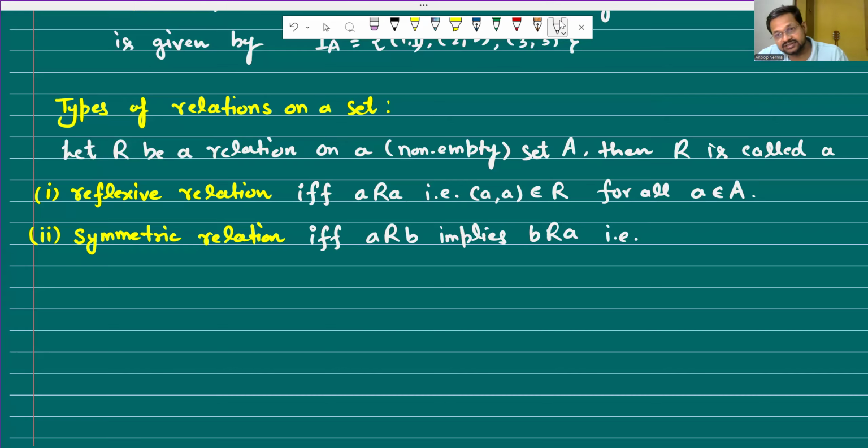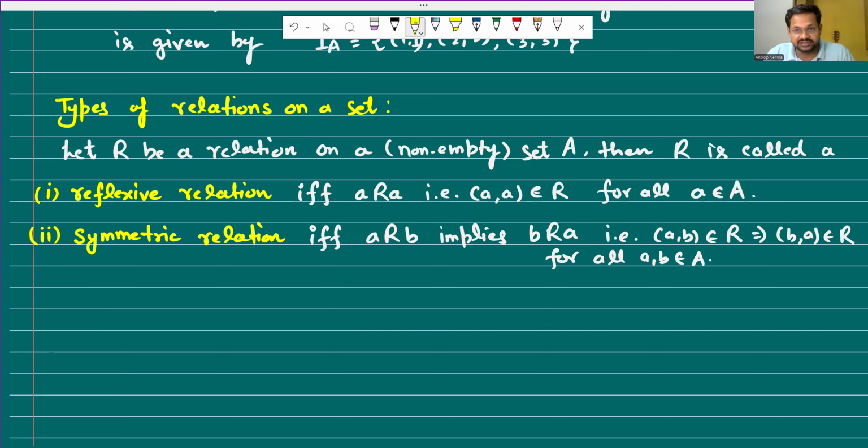You can say if the pair A comma B is there, this implies the pair B comma A should be in R, for all A comma B in A. Okay, so these are symmetric relations.